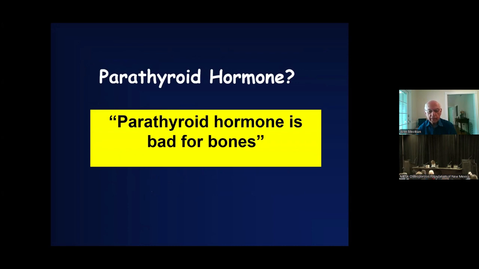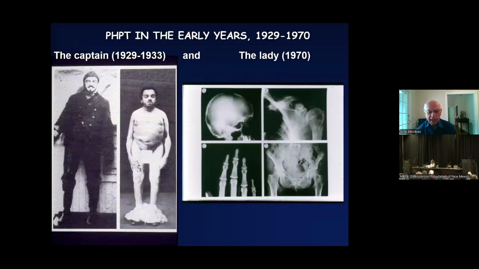We know parathyroid hormone is bad for bones. I've spent most of my career trying to make this point, whether individuals have severe hyperparathyroidism or even not severe hyperparathyroidism. In the context of the disease, parathyroid hormone is bad for bones.